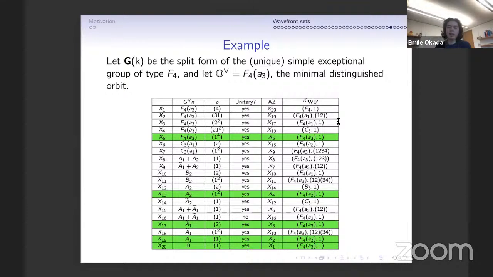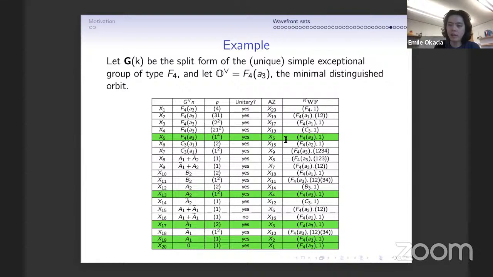Now let me give an example to illustrate what happens. Let's consider the case where G is of type F4 and O check is the minimal distinguished orbit. I've listed here all the representations with infinitesimal character given by q to the one-half of the neutral element of O check. I've listed the canonical unramified wavefront set in this final column, and all the duals here.